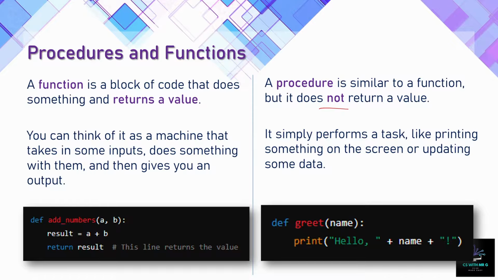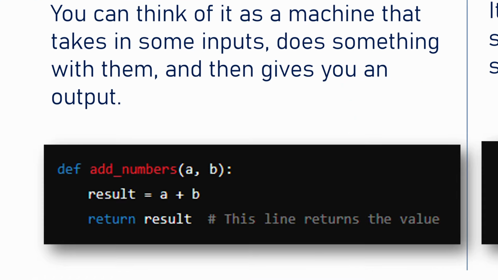So in this example, I've got a function called add numbers, and these brackets, which you might have seen before in Python, these are what we call parameters, and these are values that the function needs in order to perform its task. So our add numbers function is expecting 2 values, which we're going to label as A and B. And then when the function is run, it takes in these values and will do something with them.